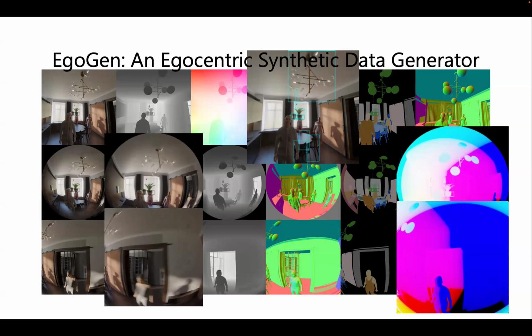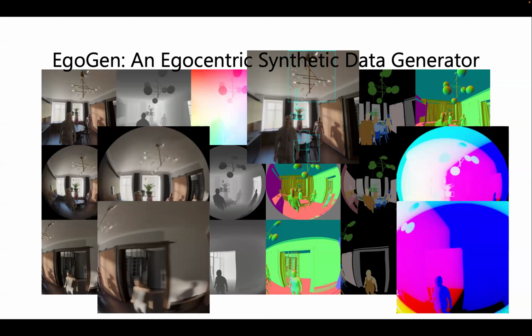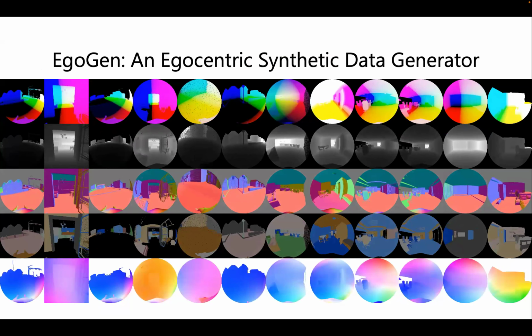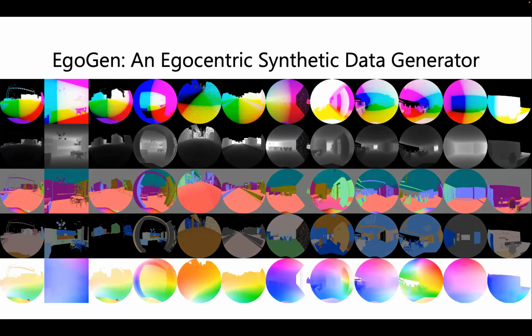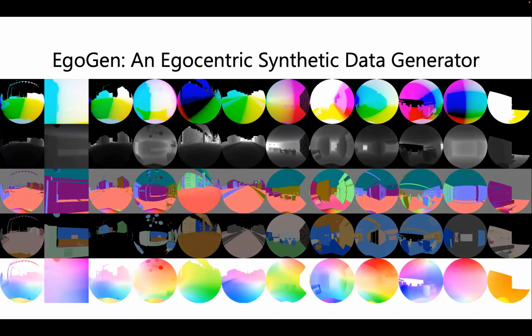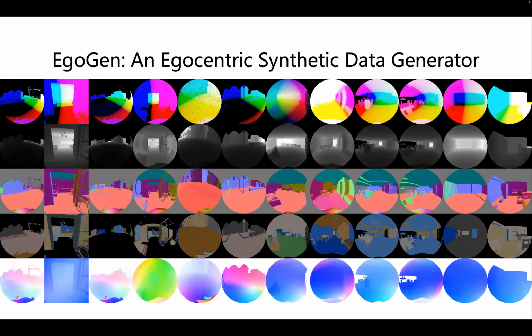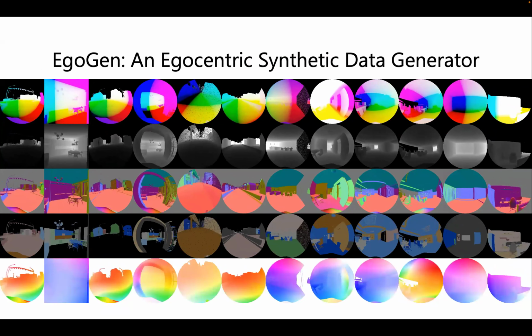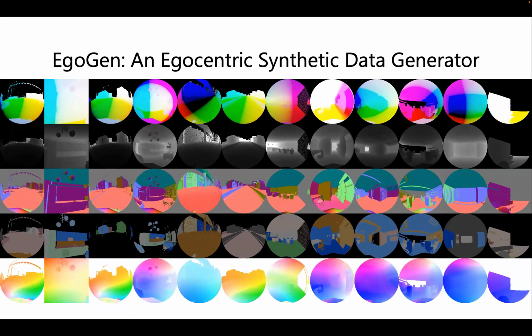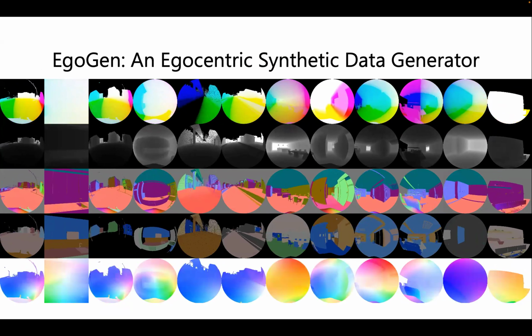We can also synthesize motion blur, which happens a lot in egocentric perception, right? And there are more examples. So basically what we did is create not just the motion synthesis model, but the whole pipeline where we can synthesize all kinds of ground truth data for different tasks.